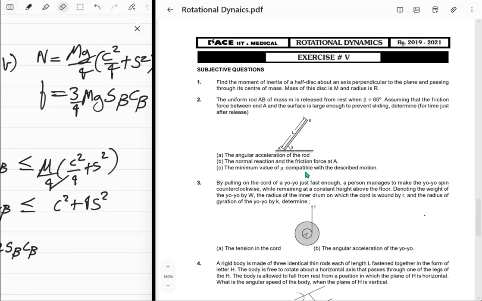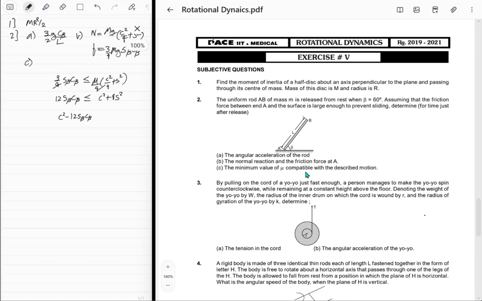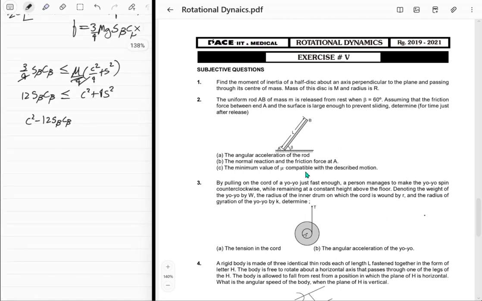Oh no, that's not supposed to be mg upon 4 because we didn't get that. It was just mg cosine beta upon 4 and mg sine beta. We did the whole thing and got this value, not mg upon 4 times all that stuff. That's not what we were doing.